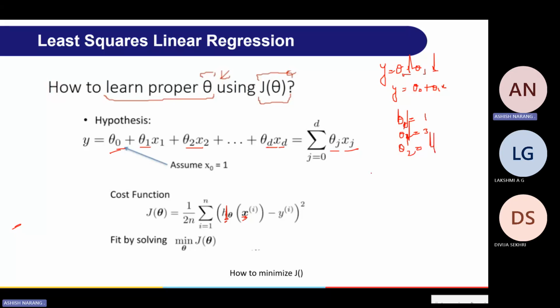My equation is theta 0 plus theta 1 x1 plus theta 2 x2, right, with two input features. So this will turn out to be 1 plus 3 x1 plus 4 x2.